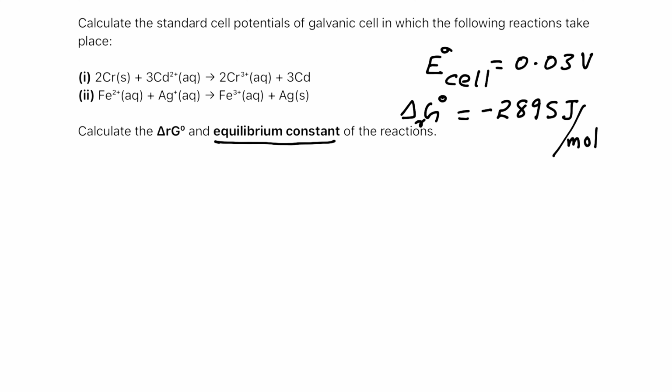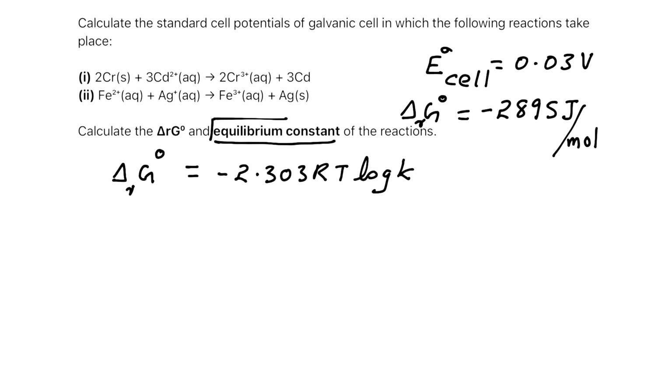Now, what we have to find? Equilibrium constant. What is the equation which connects Gibbs free energy and equilibrium constant? Standard Gibbs free energy change is equal to minus 2.303 RT log Kc, right? And what is Kc? Log Kc is delta G standard by minus 2.303 RT.